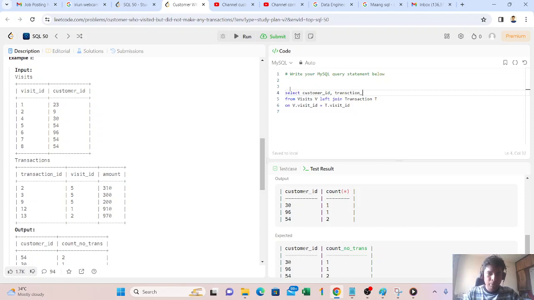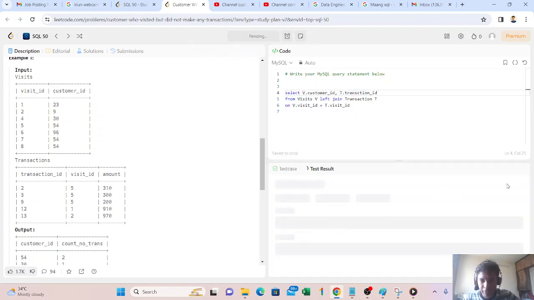Just to explain this, I am selecting these two as of now. So it would be v dot customer ID and t dot transaction ID. I will just modify it in my second run. Let's see what this gives.